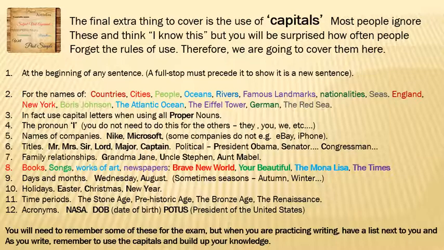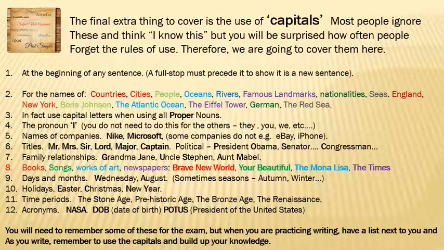Some companies don't have a capital letter, but it's part of their advertising or their image. eBay, that's particularly done on purpose. iPhone. So many companies have this kind of thing, but some companies will begin with small letters, but that's just done for their company image.